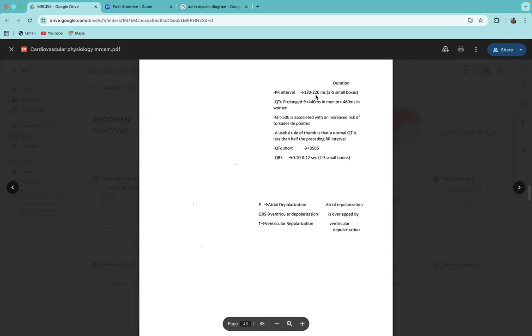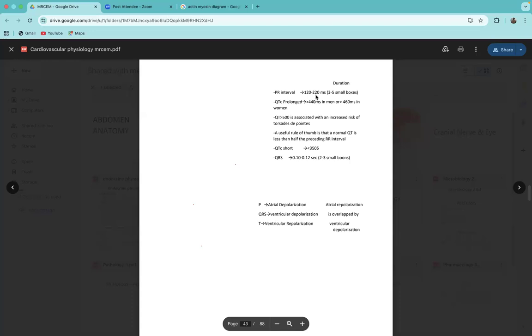So QT more than 500 is associated with increased risk of torsades. Torsades is basically VT, multi-directional VT, polymorphic VT, and torsades de pointes is very important. And the treatment of torsades is basically magnesium sulfate 2 gram, infused just after we have diagnosed a patient with torsades.